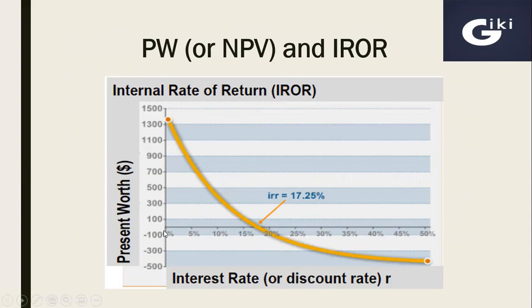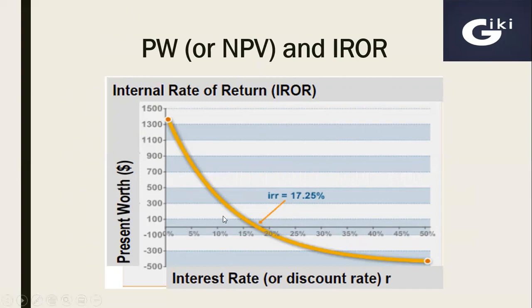There is an inverse relationship between present worth and interest rate. Means if interest rate or discount rate increases, the present worth will decrease. And if discount rate decreases, the present worth will increase.